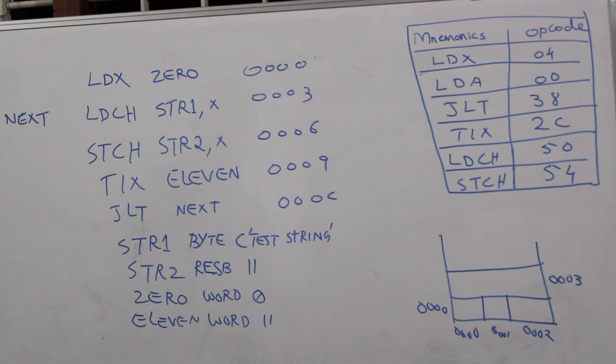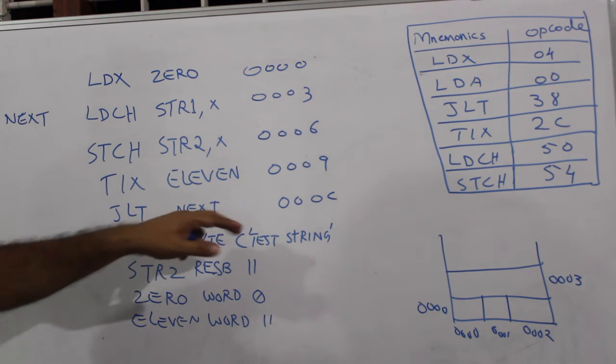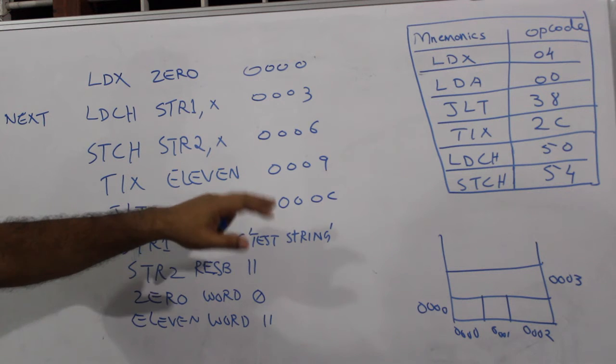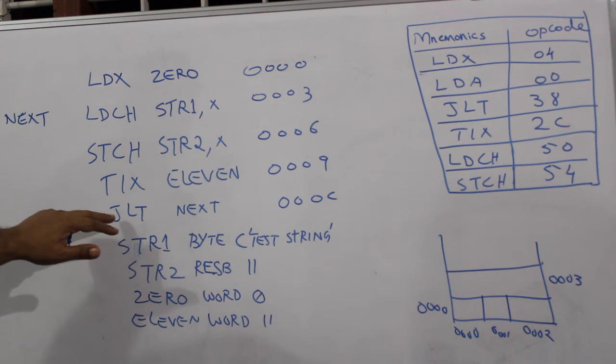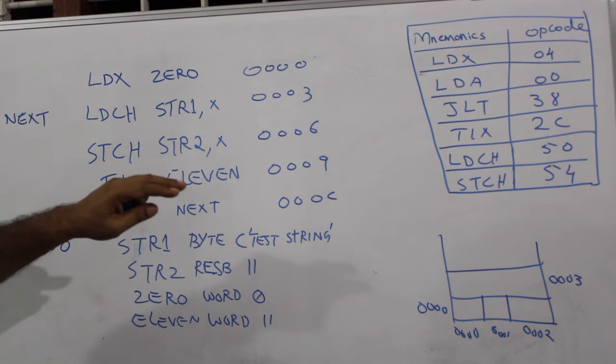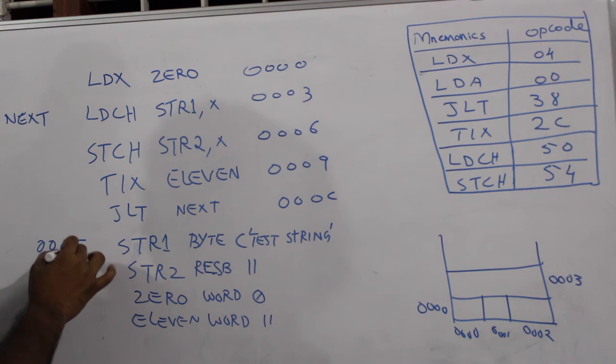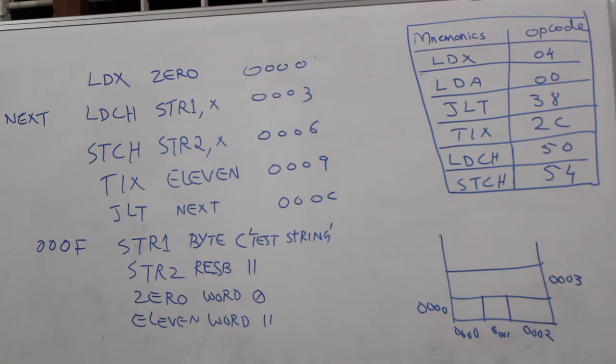Then your data area starts. The address of this will be 000C, 000D and 000E. These 3 bytes will be used to store the machine code of this instruction. The next address is 000F.